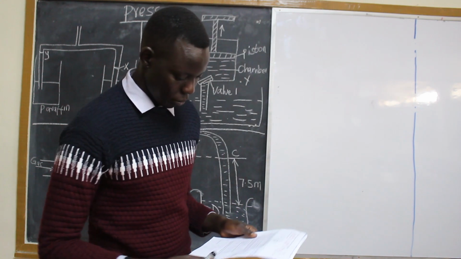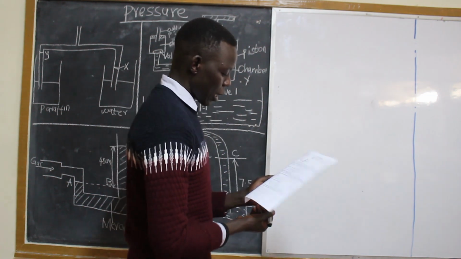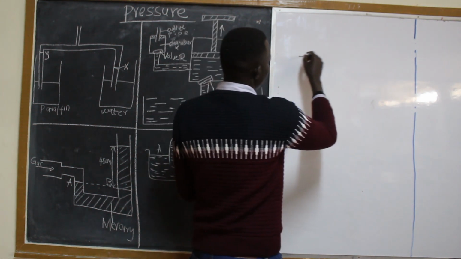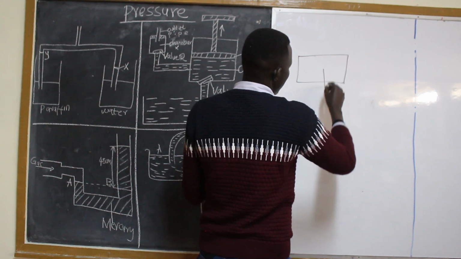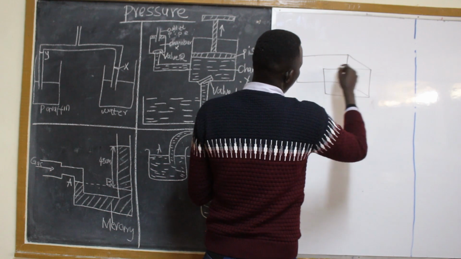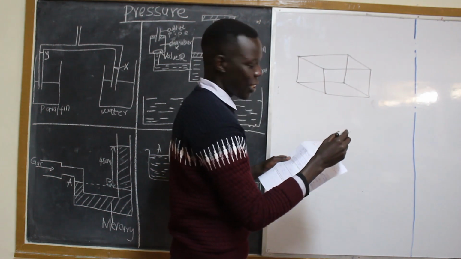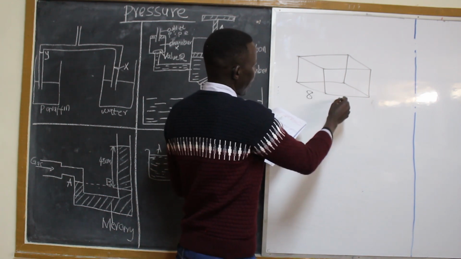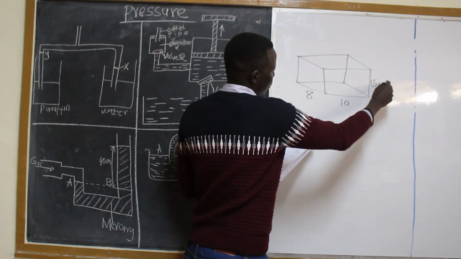Now, 8 by 10 by 15. First of all, let's calculate part A. We have 8 by 10 by 15 centimeters.